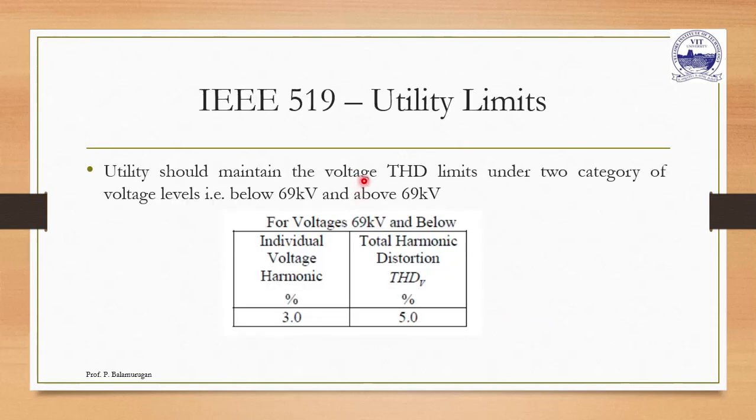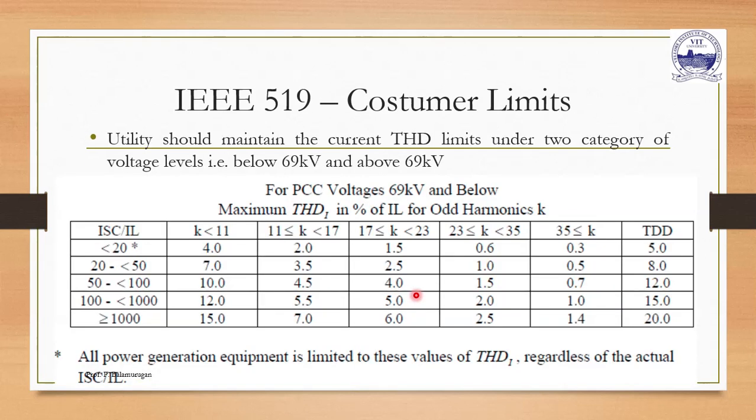The utility should maintain the voltage THD limits under two categories of voltage levels: below 69 kV and above 69 kV. For voltages of 69 kV and below, the individual voltage harmonic distortion should be limited to 3%, and the THD in the voltage must be limited to 5%. Similarly, the utility should maintain the current THD within limits under two categories of voltages, again above 69 kV and below 69 kV.